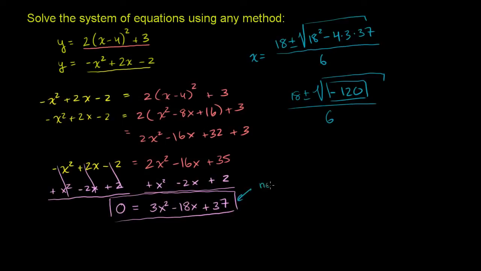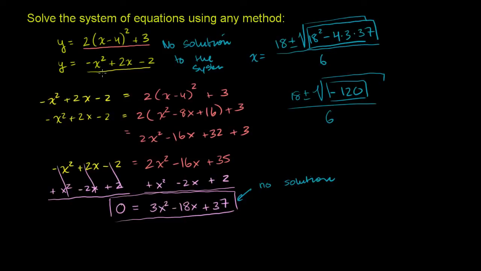And if we wanted to, we could have just looked at the discriminant. The discriminant is this part, b squared minus 4ac. We see the discriminant is negative. There's no solution, which means that these two equations never intersect. There is no solution to the system.